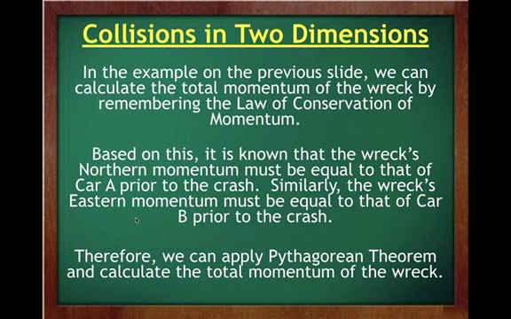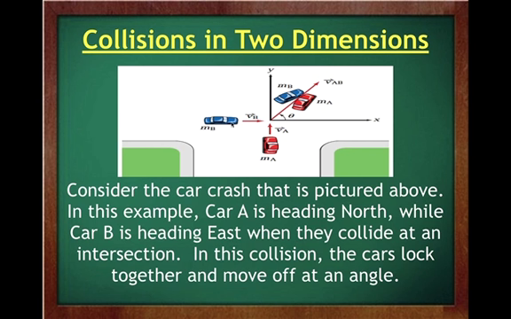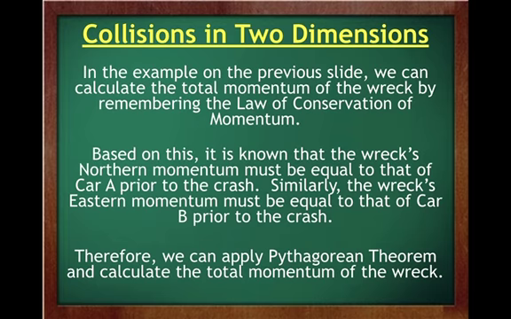With the eastern momentum, we're looking at car B because car B was moving east, and only east. It only had an X momentum, or velocity in the X. Same with car A, that's going to be northern. So the northern momentum is going to be equal to that of car A because car B doesn't have any northern, up and down, momentum or velocity.